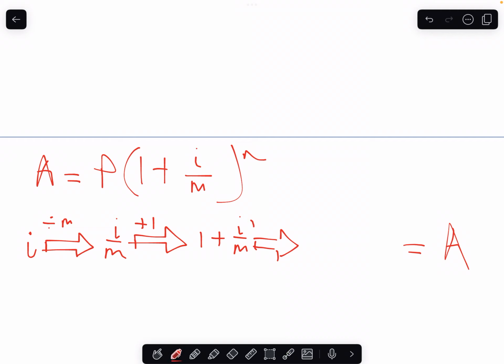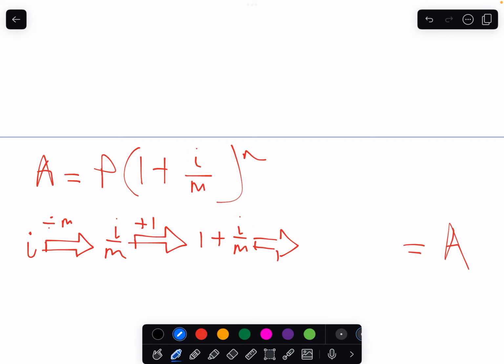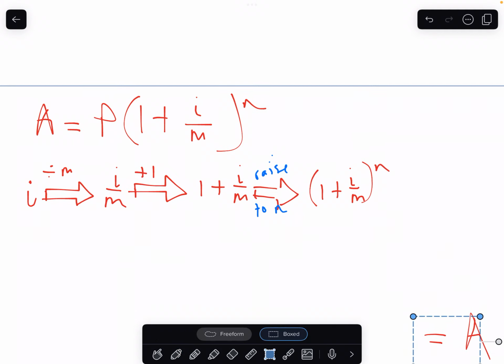Maybe same color is not quite right, let's do a different color. Raise to n. So then we end up with 1 plus I over m, now raised to the power of n. Okay, and we're not quite at A yet.